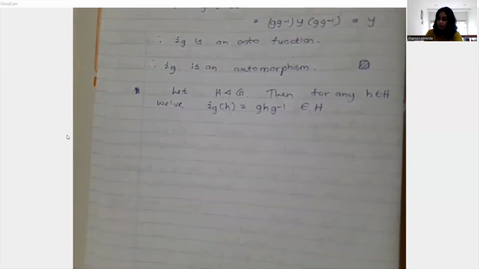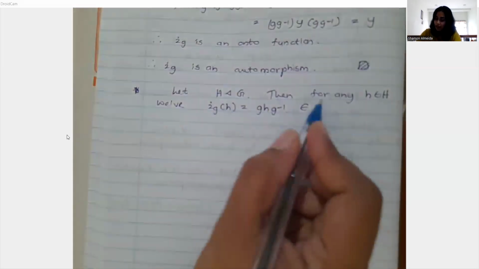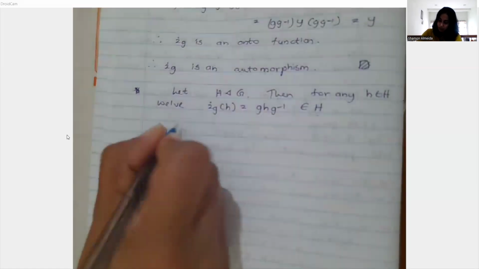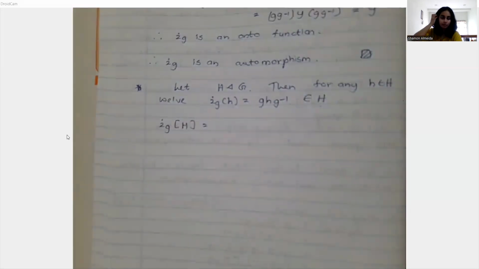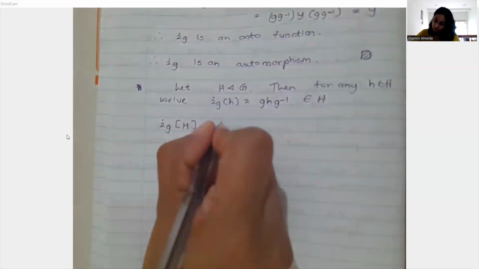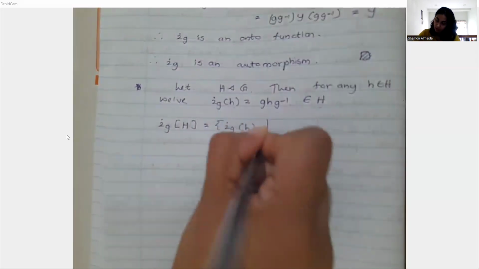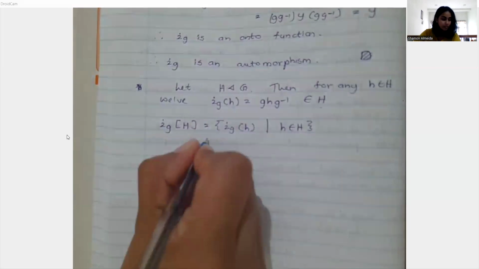Now, see if we calculate the image of H under this function, if I write I_G of H, this is equal to what? By definition, all function values where simple h comes from this normal subgroup, right?